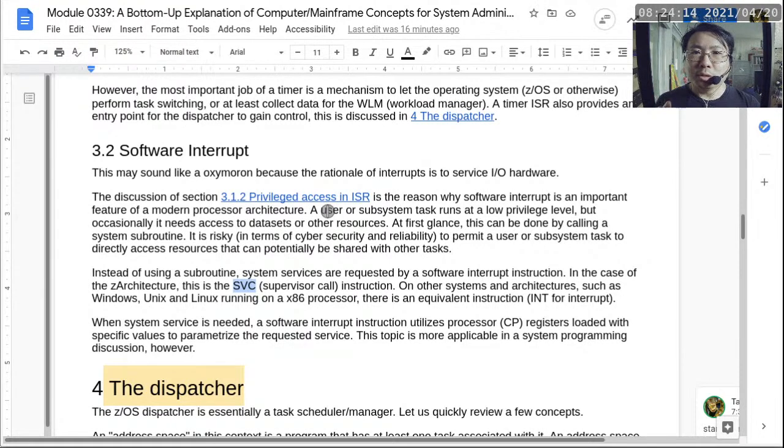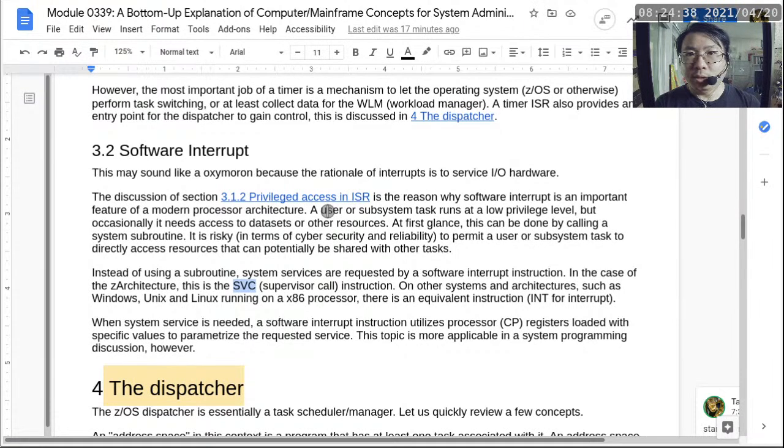So now the question is, what if an end user job says, I want to continue to read the next portion of this data set, which is sitting on a DASD? Well, we already said the user task is not supposed to have access to the input-output devices.